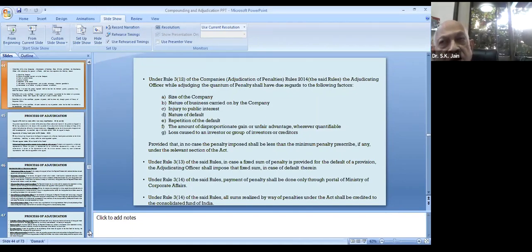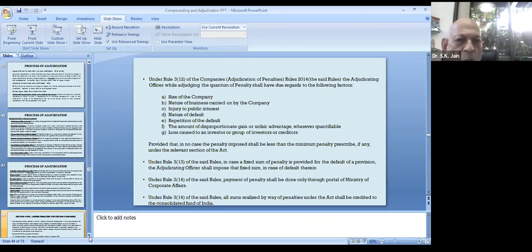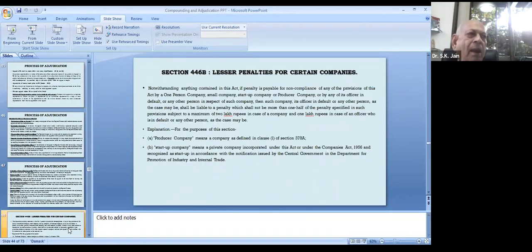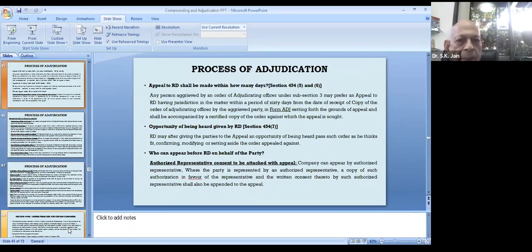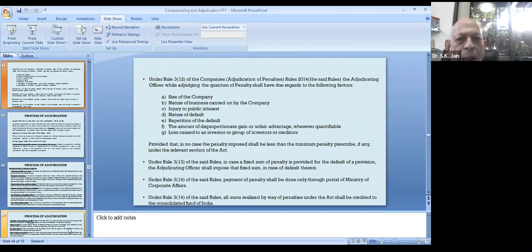So now these companies are treated as small companies. And Section 446B provides that the quantum of penalty will be 50% of the prescribed amount of penalty. Small companies, I will come later on, can be imposed a lesser penalty.